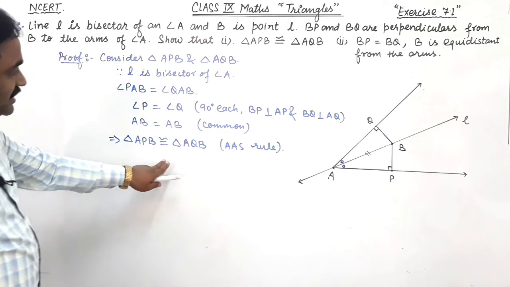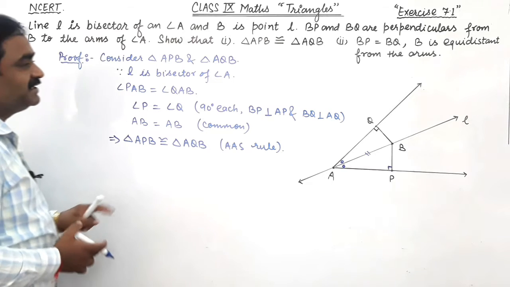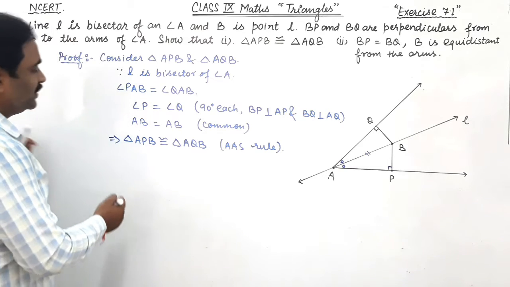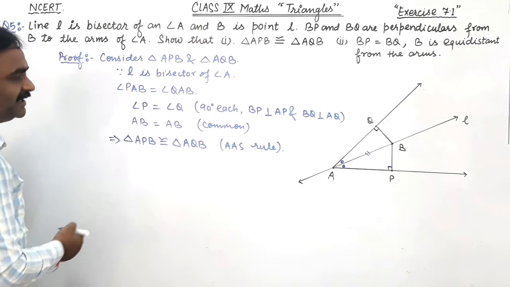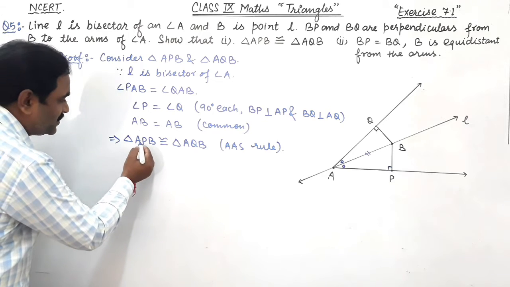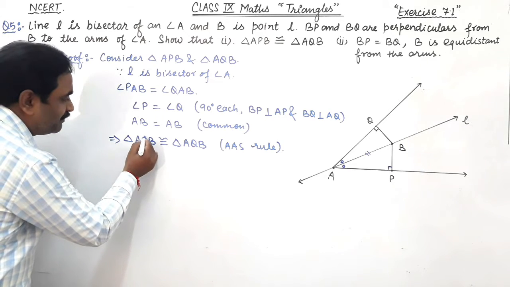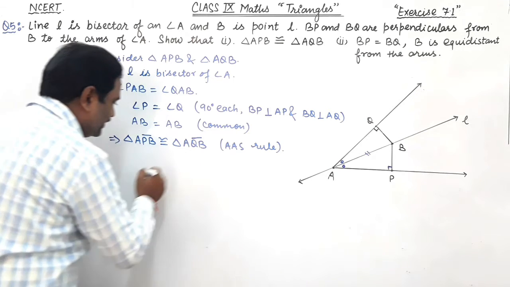Right friends, as these two triangles are congruent, let us see the corresponding parts by the rule of CPCT. This BP, second and third letter, is equal to QB.